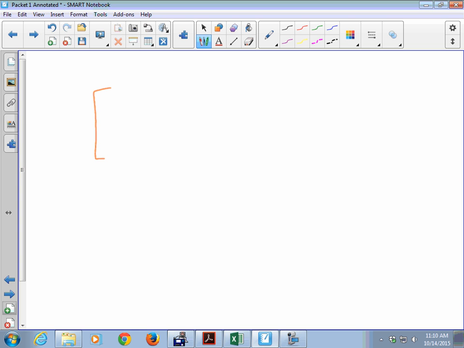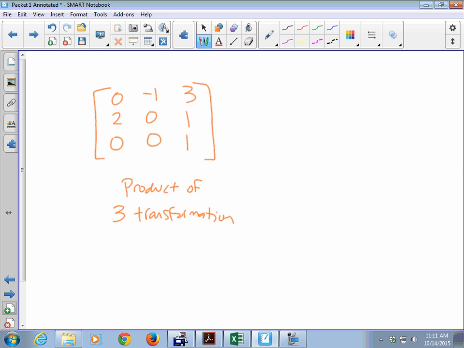You get 0, negative 1, 3, 2, 0, 1, 0, 0, 1. This is the product of the 3 transformation matrices.